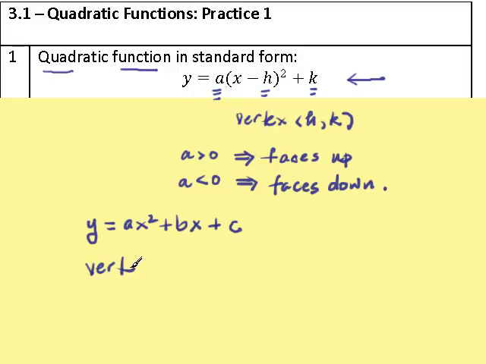So the vertex is at x-coordinate negative b over 2a, and y-coordinate whatever we get when we substitute into here. Let's say we call this, instead of y, f of x. This is more convenient notation, so we can denote what we get when we substitute in minus b over 2a.